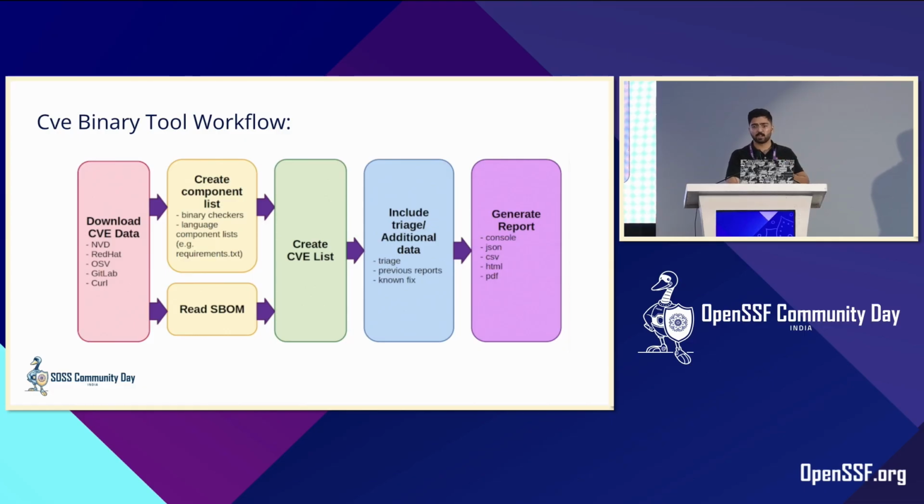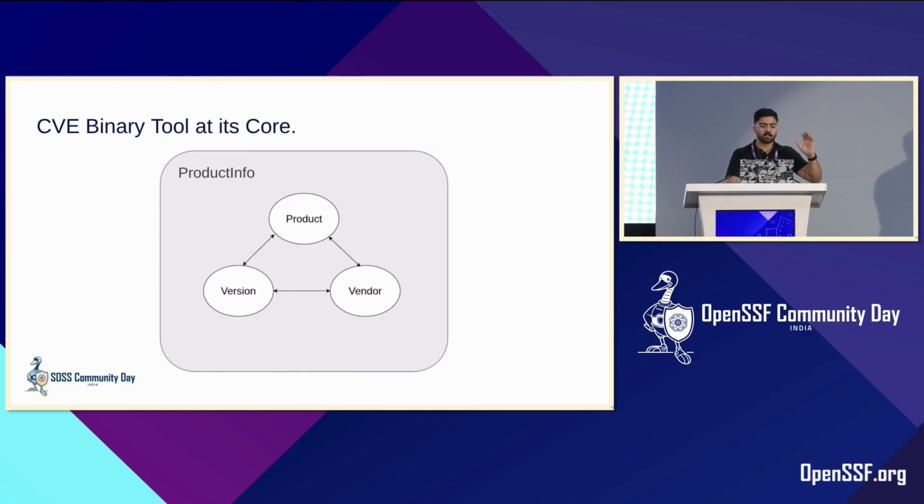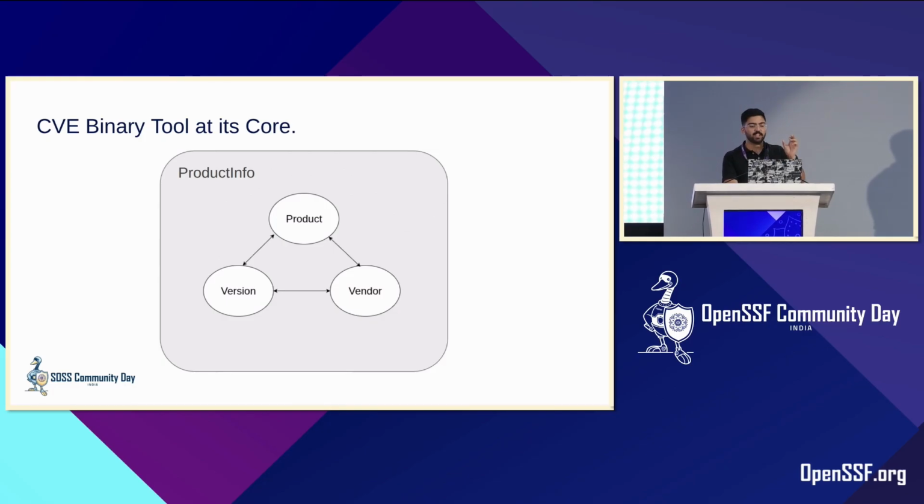My project that I worked on last year was part of this 4th stage, which includes triage and additional data, essentially to triage and get our priorities correctly, focusing only on real CVEs, and generating reports and different outputs. So CVE tool at its core tries to save this main information: product, version, and vendor.